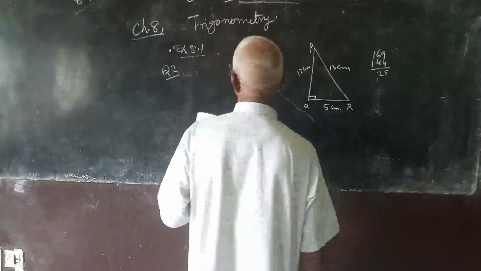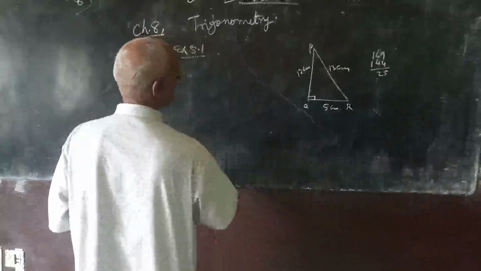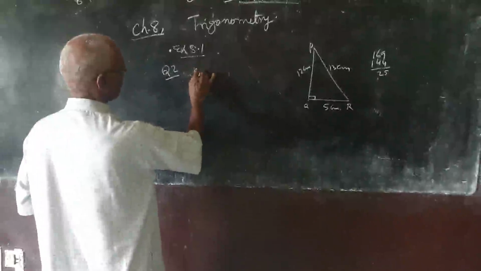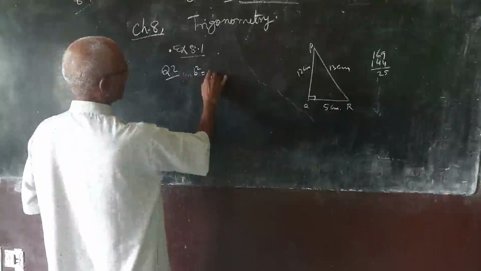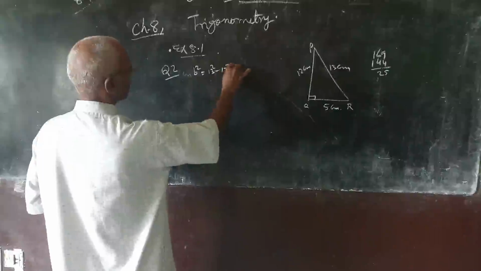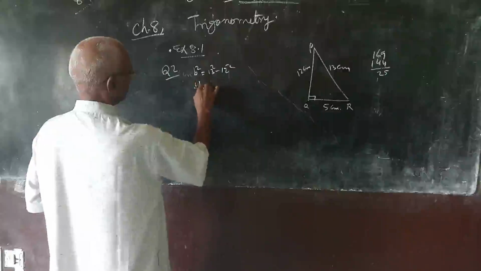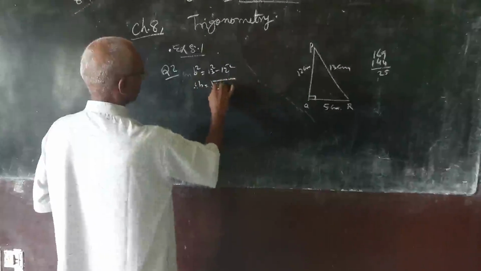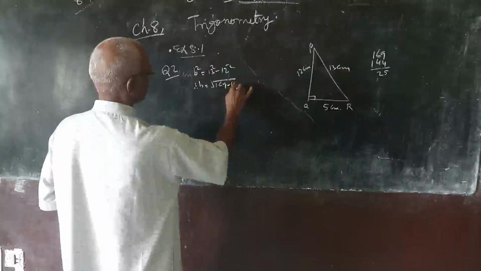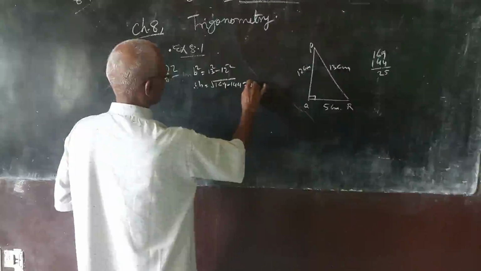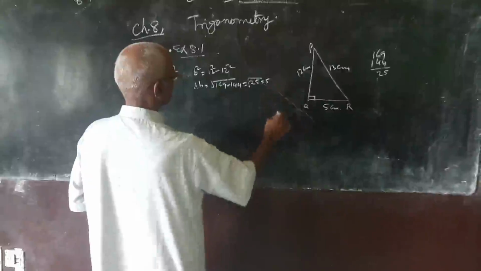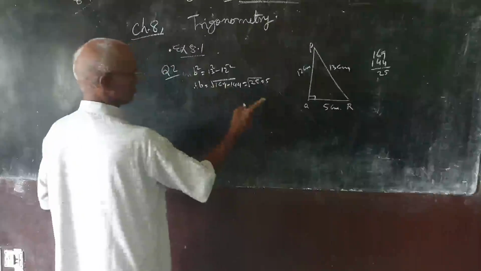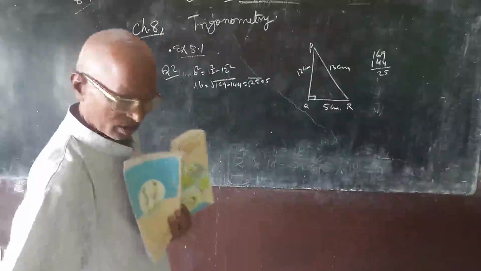So by Pythagoras we calculated the third side. Therefore, base is equal to square root of 169 minus 144, that is root of 25, which comes 5 centimeter.